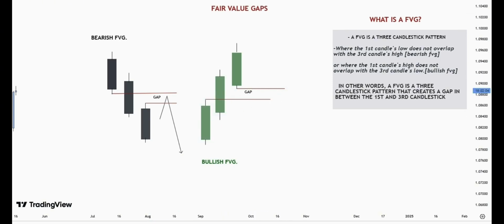So it is this gap that price is always magneted to. So price draws to the gap and then continues in the actual direction it was going before. Like this is going lower, so price leaves a gap and then comes back and then continues going lower. You get? So that's what this fair value gap is all about.